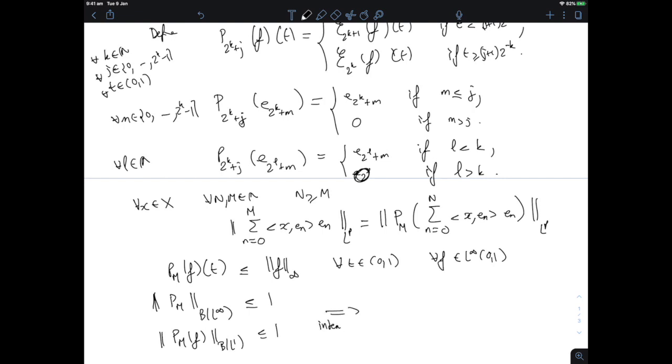So by the Marcinkiewicz interpolation theorem that we've seen before, we get that P_M extends to a bounded linear operator on L^p with norm smaller than 1. And so when you plug that back in star, you get that e_n has to be a basic sequence. It satisfies the two properties that characterize basic sequences.